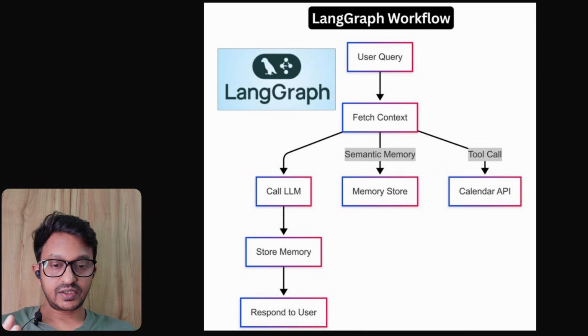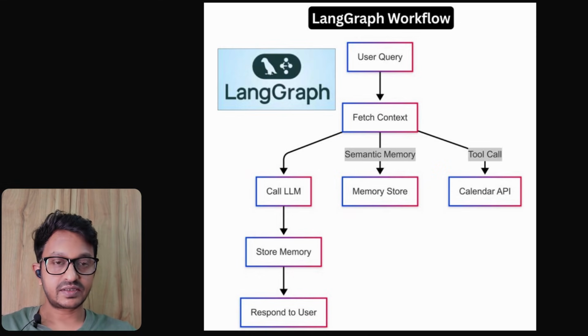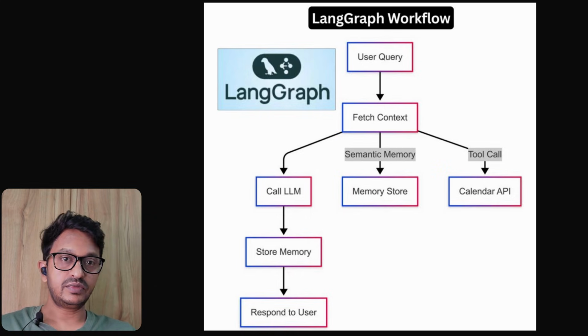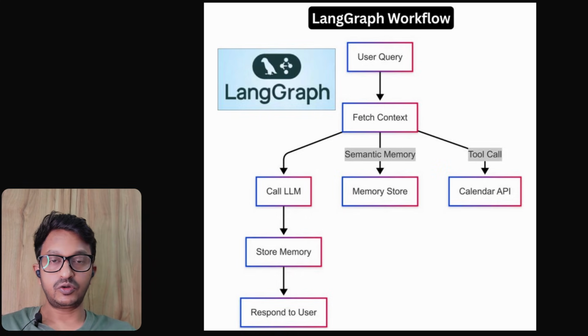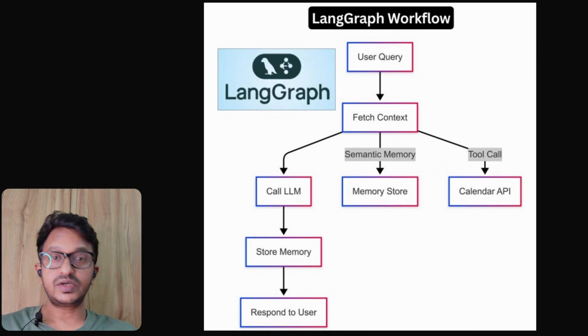So it all starts with receiving the user query. The user asks, "Hey, draft an email to John about tomorrow's meeting," and then it fetches the context. It retrieves user preferences, for example the tone, the grammar type to be used, the personality, and the calendar data, and then it processes that with an LLM.